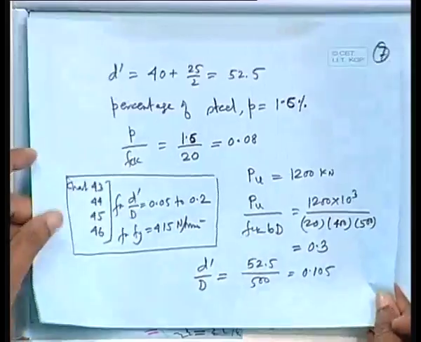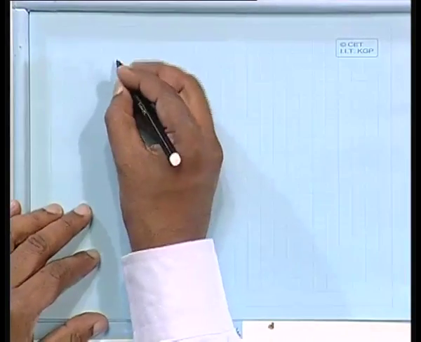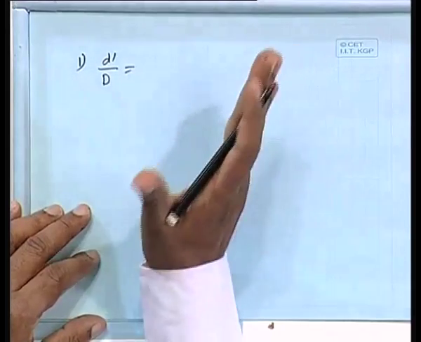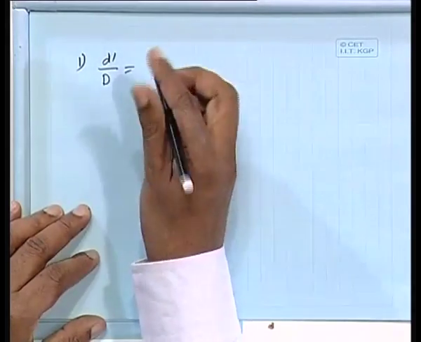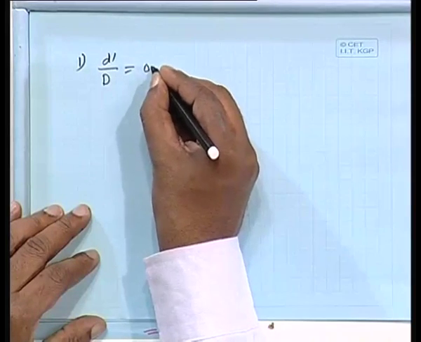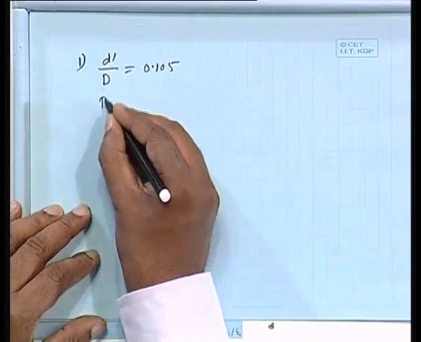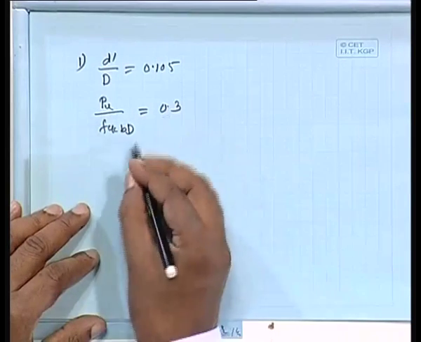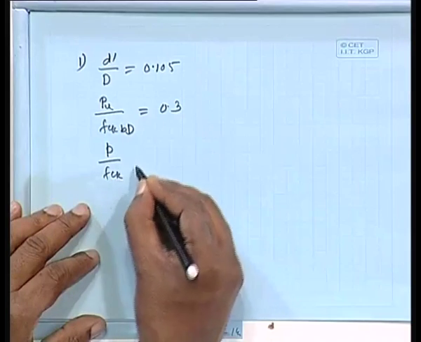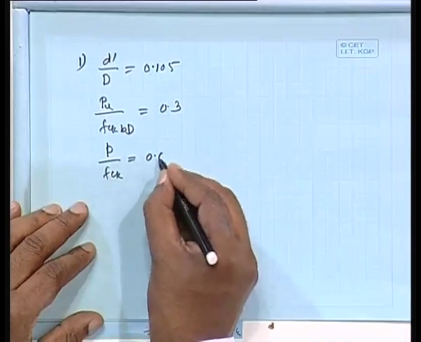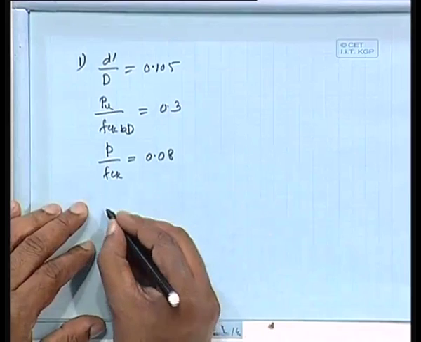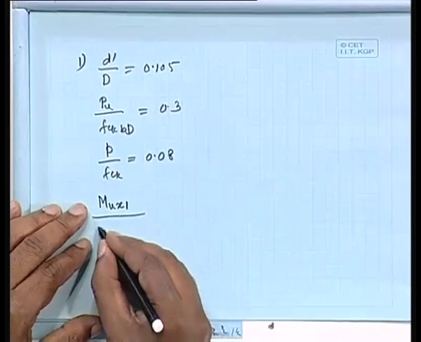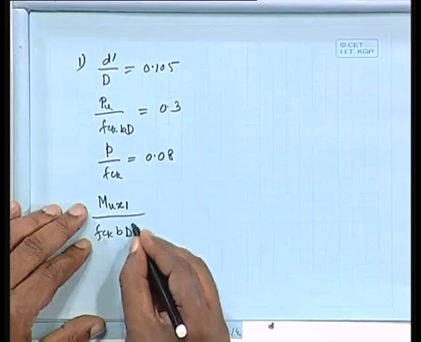So let us just summarize the whole thing. Case 1, d dash by D. We can talk about one about major axis, another about minor axis. In that case I can say d dash by D is 0.105, Pu by fck bD equal to 0.3, p by fck equal to 0.08, and Mux1 divided by fck bD square.